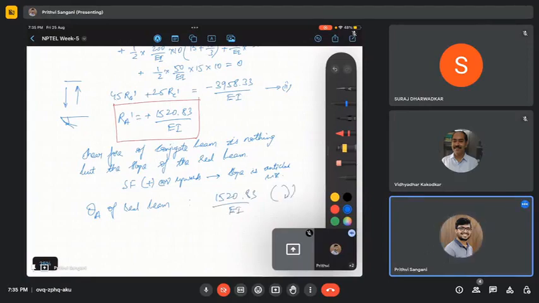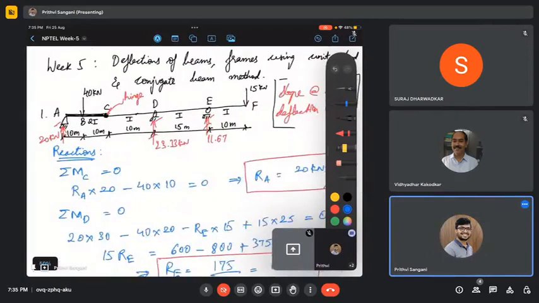So you can see here, this is the beam. What is the deformation diagram of this? Something like this. Sorry, something goes like this, and then you have a little bit downwards, and you have something like this. So this is theta.